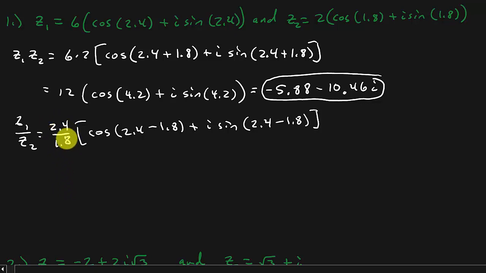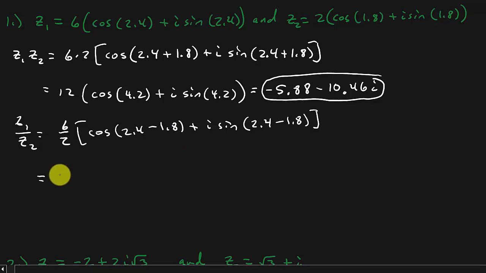Let's go ahead and plug the numbers in. Oh my goodness, I'm having a time with this problem so far, aren't I? That's 6 over 2. Is that better? That makes more sense, doesn't it? When I was writing this, I was looking at the 2.4 and the 1.8 there. It happens sometimes. I'm sure you've made that mistake too.